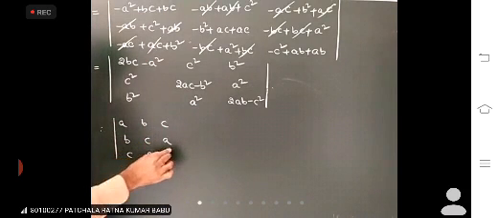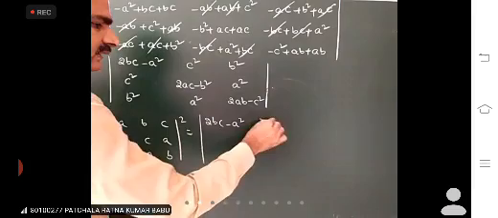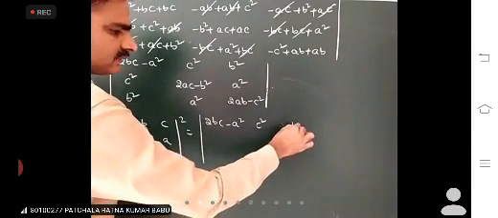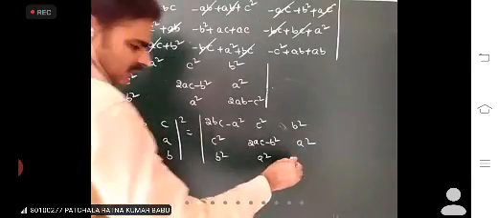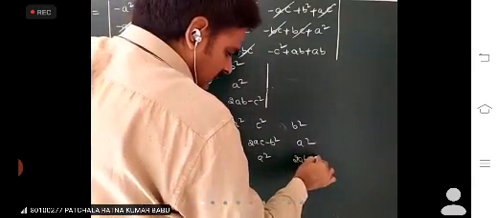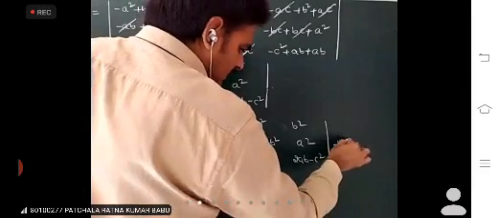Therefore, determinant of a, b, c, b, c, a, c, a, b whole square equal to the determinant 2bc minus a square, c square, b square, c square, 2ac minus b square, a square, b square, a square, 2ab minus c square. Okay, let it be equation 1.